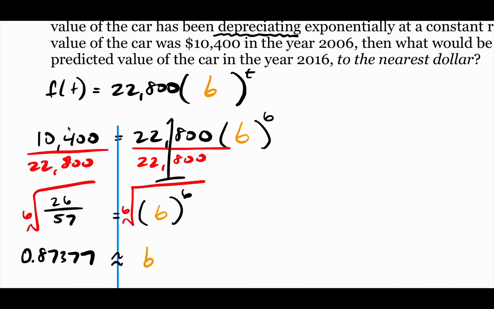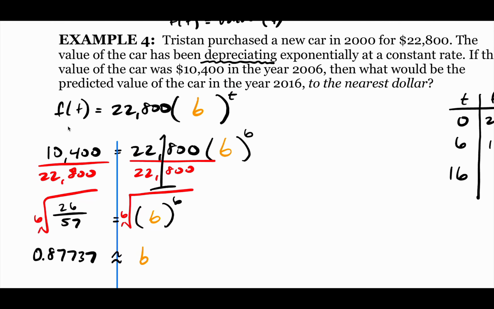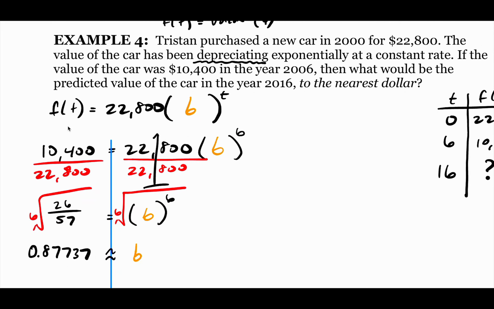Well, it's a decay. B should be below 1 because it's depreciating. If B is above 1, it's growing. If B is below 1, it's decaying. If B is 1, it's not growing at all. It's staying the same.